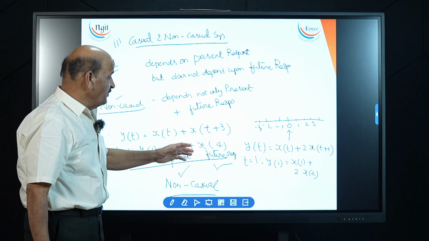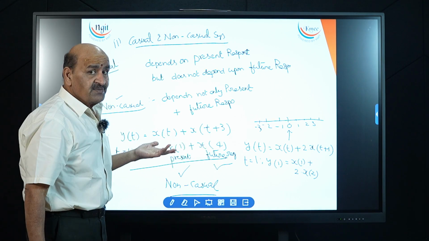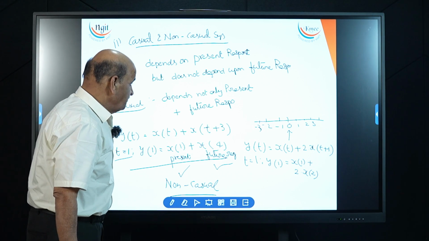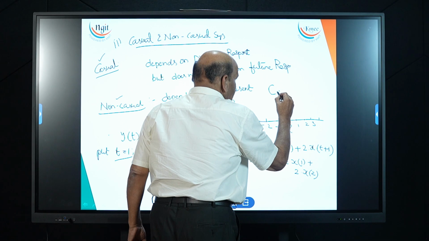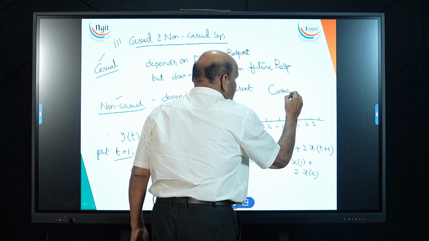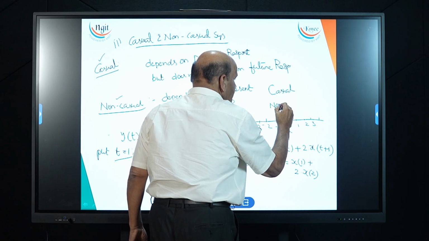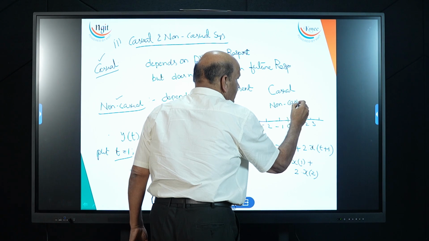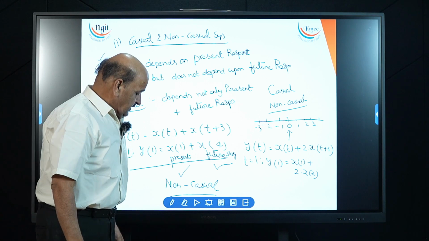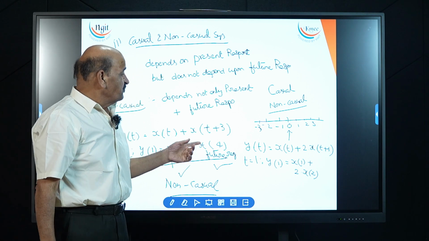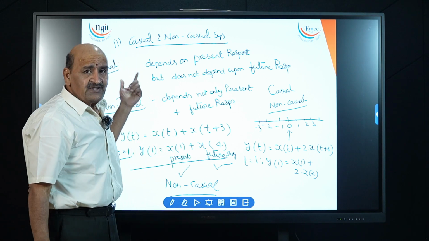Now we have to give examples of causal systems also. So in this session, we are going to learn the difference between causal systems and non-causal systems as well. The continuation will be in the next class. In the next class, we are going to discuss examples on causal systems.